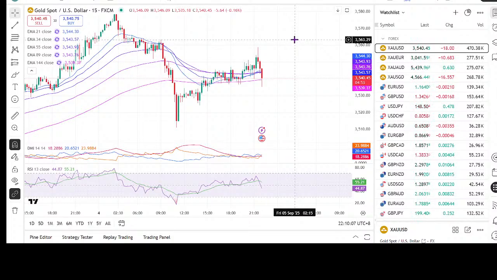Then for our TP, we will try to go for an extension of this level, which is about even today's high, 63, 64. So probably around 62. Let's try one more attempt.